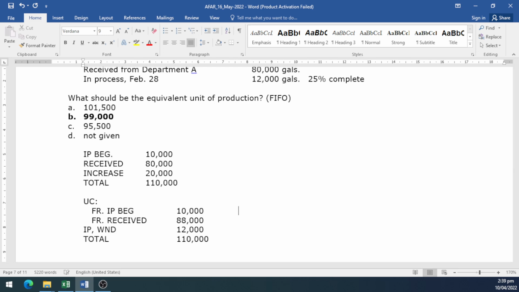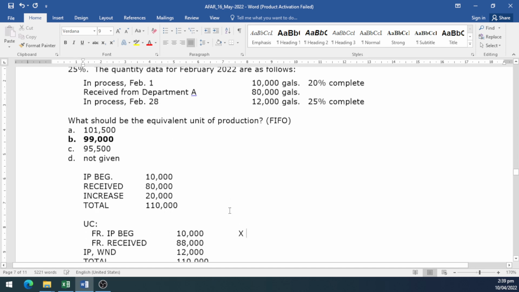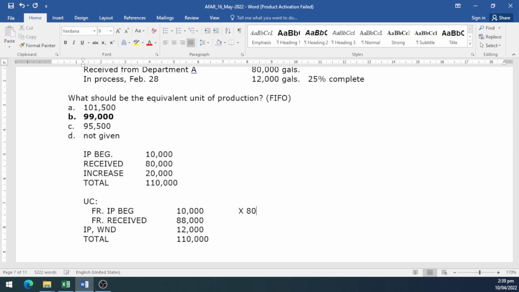Okay, compute the EUP. Ang EUP nito is times, even application of cost ito, 20% complete, so times 80%. So, that will be 8,000. Then, for the 88,000, syempre, 100%. That is 88,000.